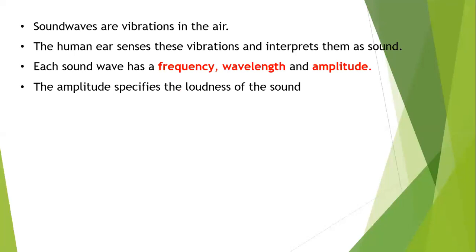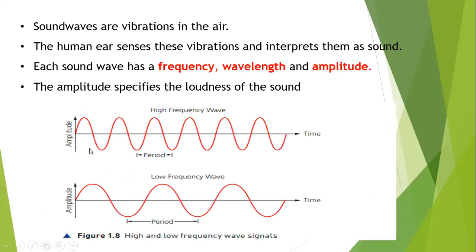The amplitude specifies the loudness of the sound. So it's basically height. It shows the height of the sound. Here you can see two diagrams of sound, a high and a low frequency wave signal. The first one is a high frequency wave.